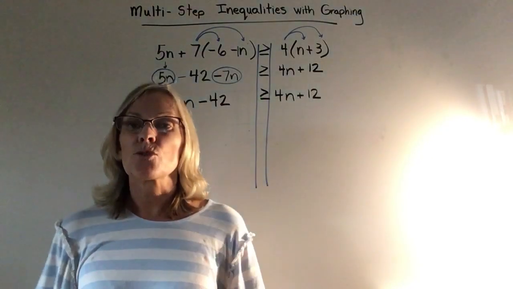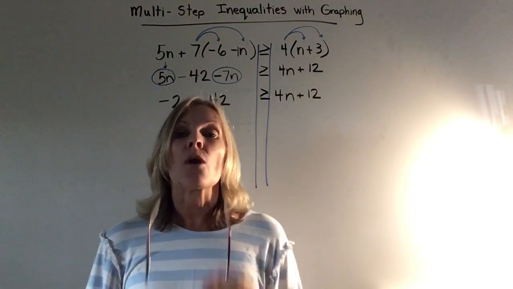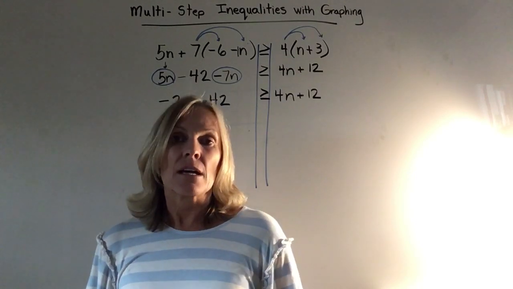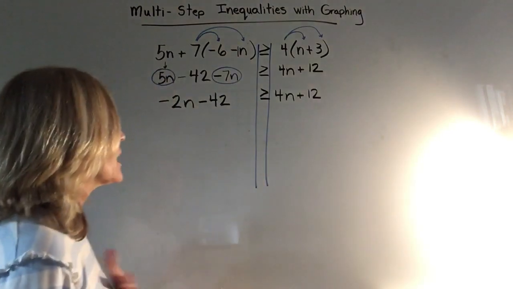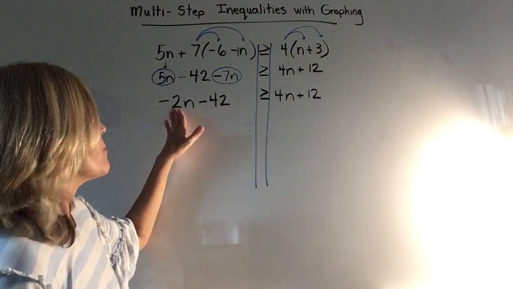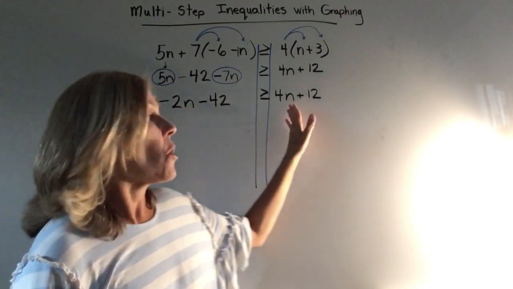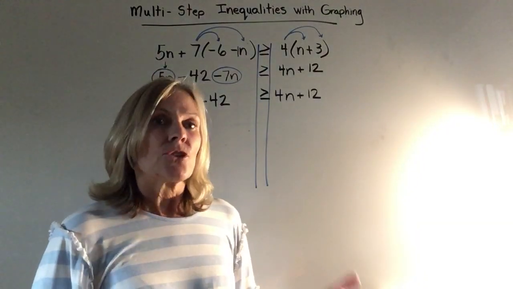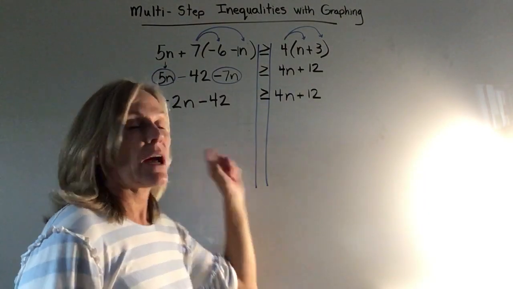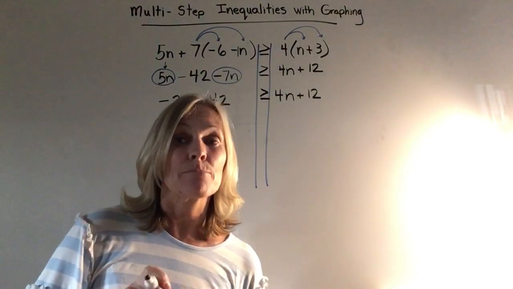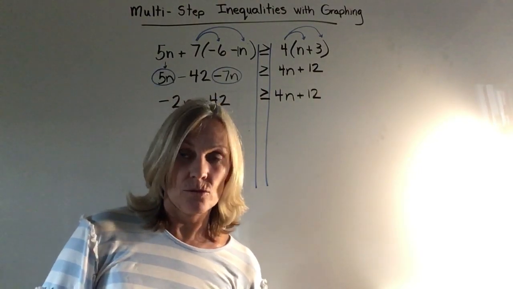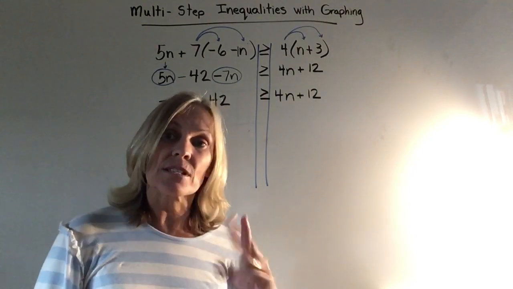Now step 2 is moving our variables so that they're on one side of the equation. Now, I tend to like to move my smallest over. However, you do have to have the variable on this side. Remember how a moment ago we learned that when you divide by a negative or multiply by a negative, the sign switches.